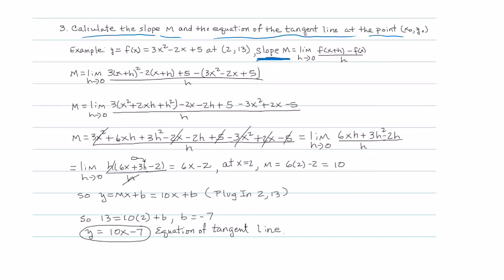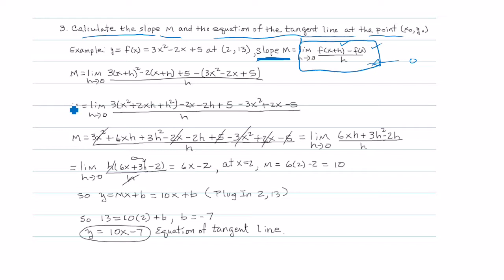The slope m of a tangent line is the limit as h approaches 0 of f of x plus h minus f of x divided by h. Obviously you can't put 0 in the denominator because you'll be dividing by 0, but if you take a whole lot of functions and try to calculate this limit, you can do it, and all it requires is for you to understand how to do some simple algebra.